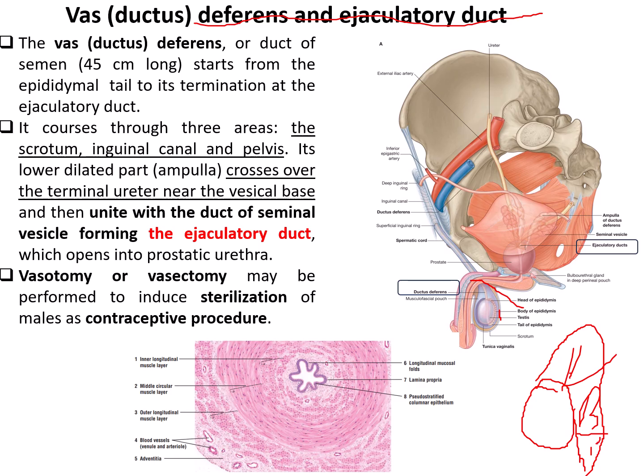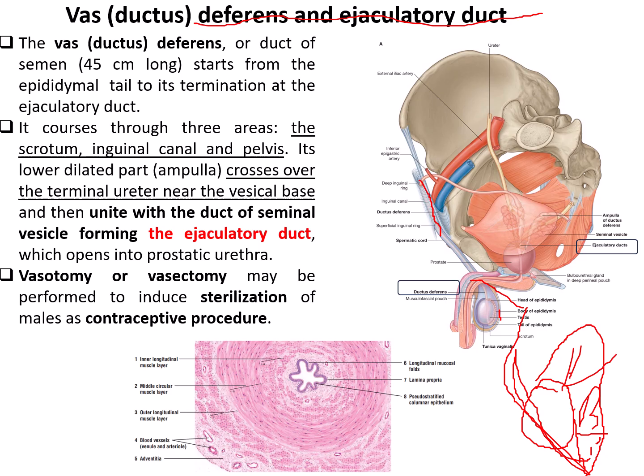From the tail of the epididymis, the vas deferens arises and ascends through the spermatic cord within the inguinal canal, and then exits the inguinal canal through the deep inguinal ring to enter the pelvis, where it unites with the duct of the seminal vesicle, forming the ejaculatory duct, which opens into the prostatic urethra.